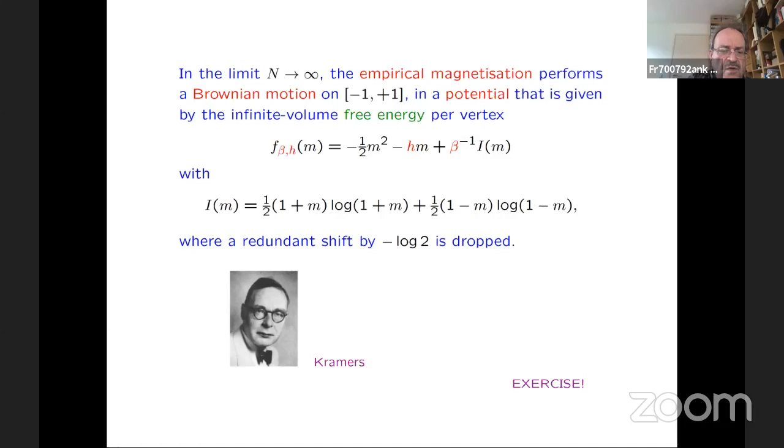And so for the Curie-Weiss model, which comes from the world of interacting particle systems, we are in the limit as n goes to infinity, entering the world that Kramers looked at, and that has become a paradigm for the analysis of metastable behavior. So we're really having a very simple setting of what the magnetization is doing.